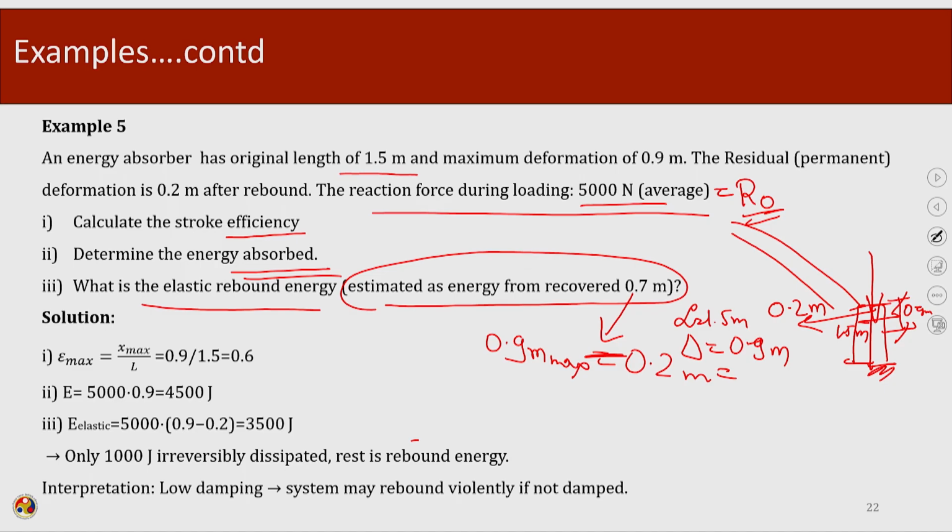So, the recovered deformation is 0.7 meters. Strain is defined as the total displacement over the entire length. This is the definition of axial strain. So, the average axial strain is defined by x max divided by L. 0.9 was the total deformation and 1.5 was the length. So, the strain is 0.6.